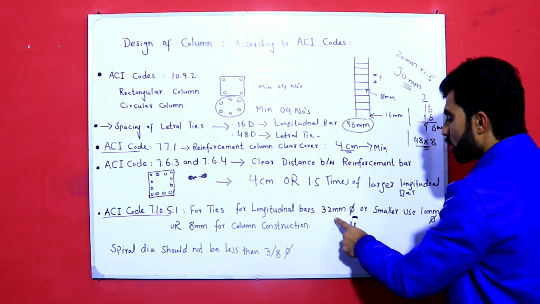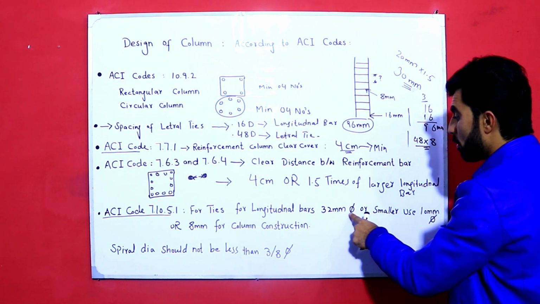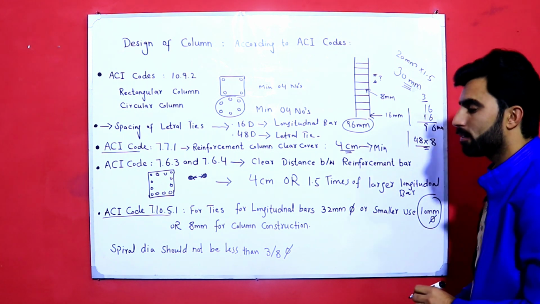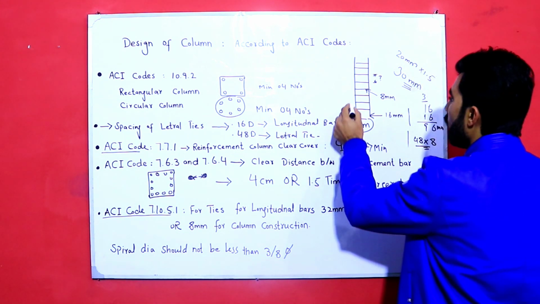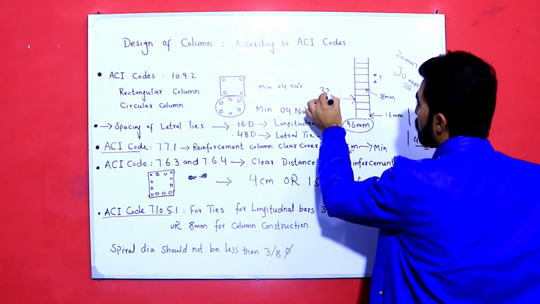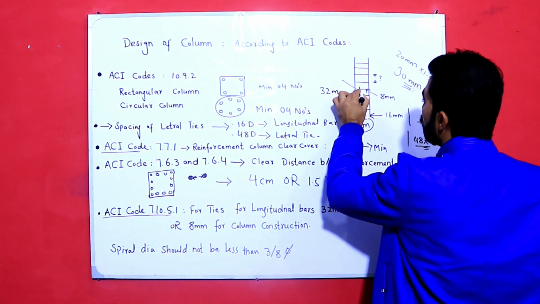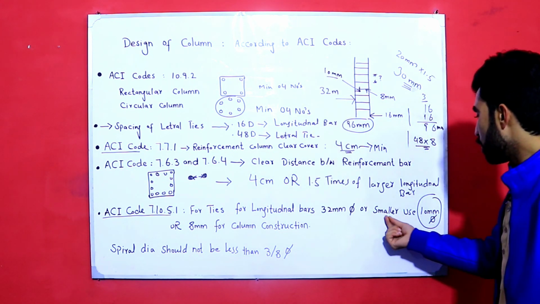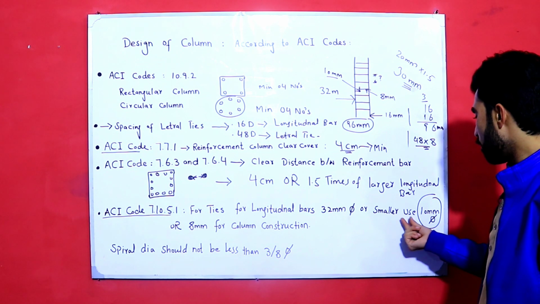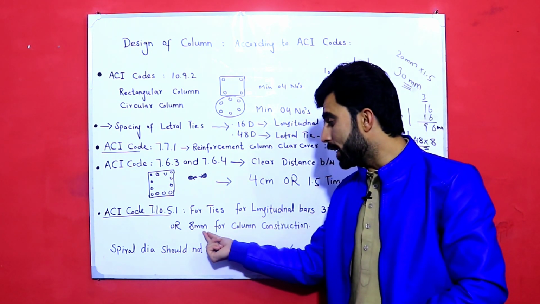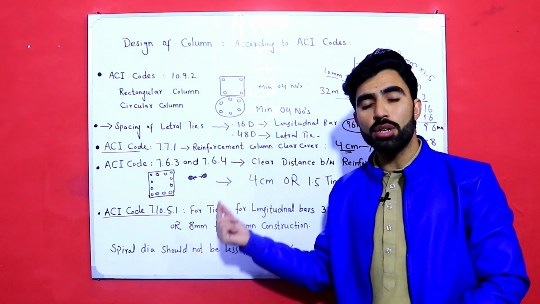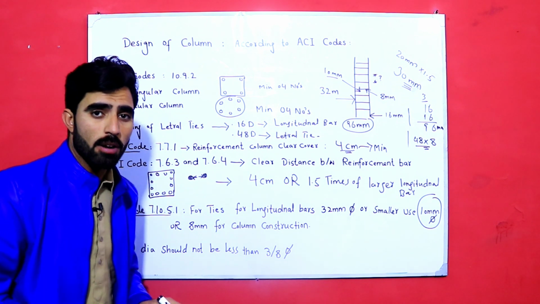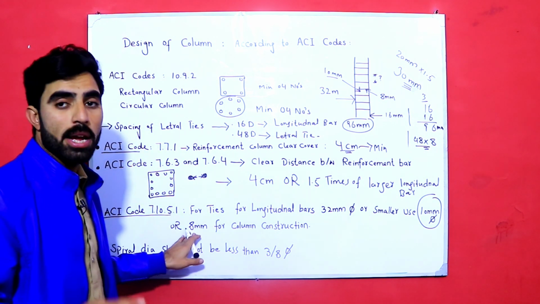For a 32 mm longitudinal bar dia, use a minimum 10 mm lateral ties dia. Or for 8 mm dia, you should use it for column construction. So the lateral ties dia for column construction should be 8 mm.